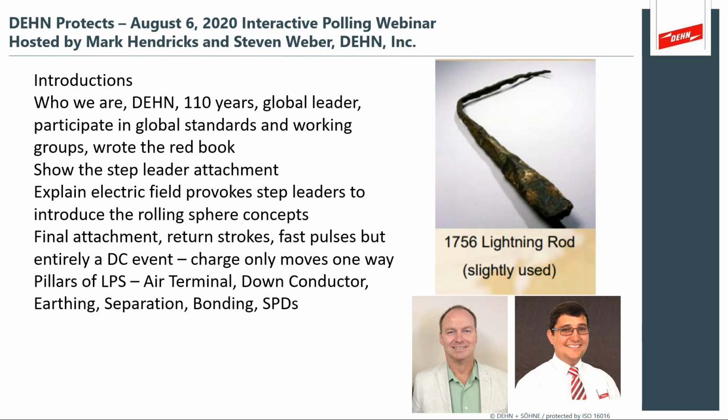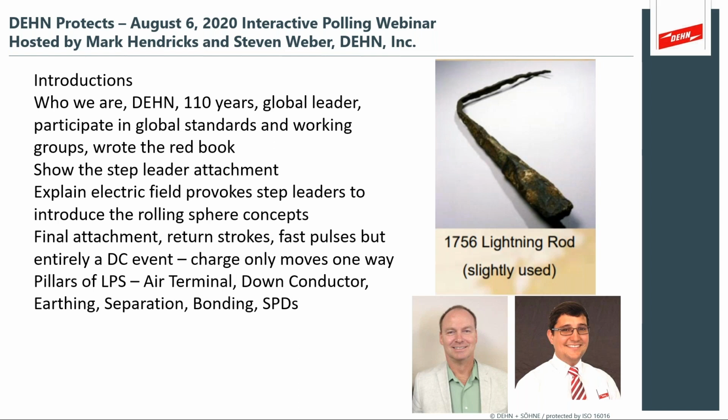Today's topic is really about presenting the basics of lightning that have been well established since around 1756, when our friend Ben Franklin introduced the air terminal, down conductor, earthing concept in the Farmer's Almanac and put it into public domain to allow people to prevent fire on their structures. So he patented it, put it in public domain, and since then people have been able to understand and protect buildings from fire.